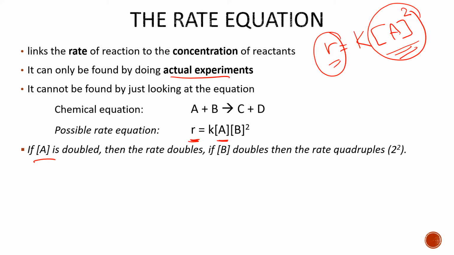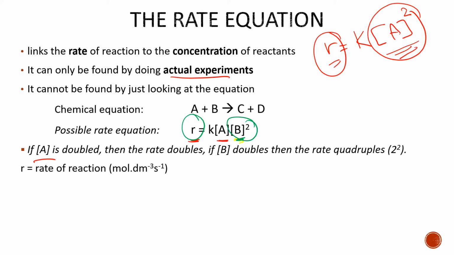But with respect to B, if you double B, R will quadruple. The rate of the reaction would quadruple if you double the concentration of B.